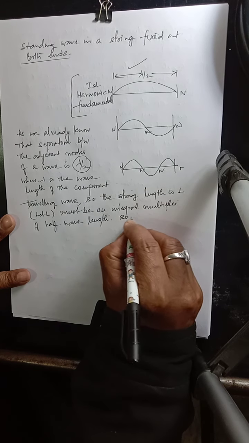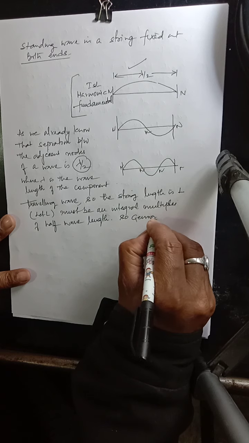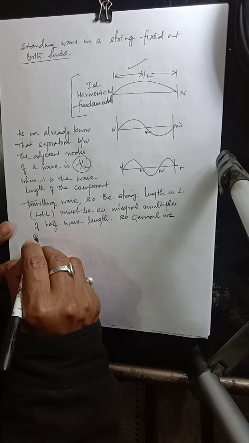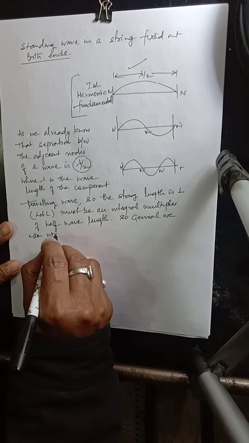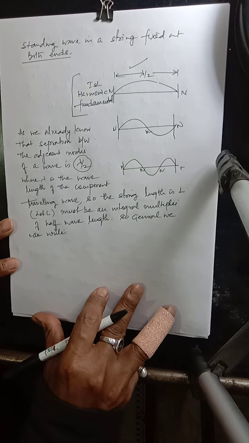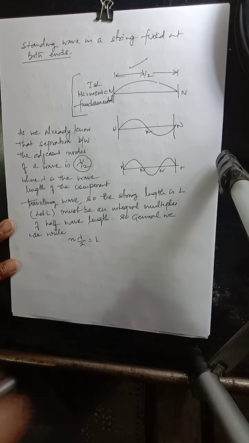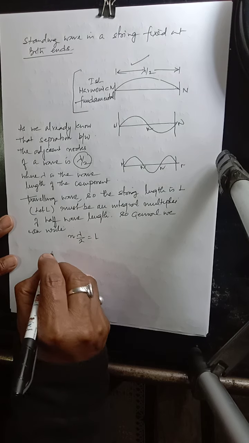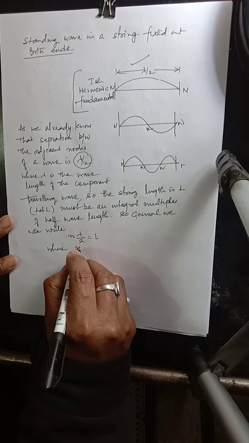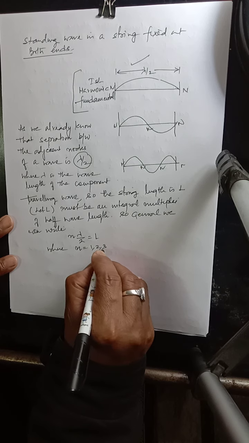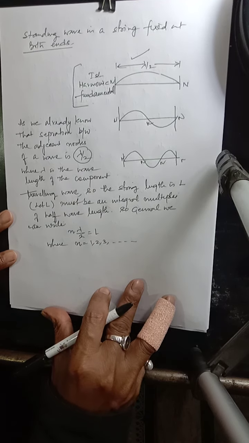In general, we can write an equation: n lambda by 2 equals the full length L, where n stands for 1, 2, 3 and so on.